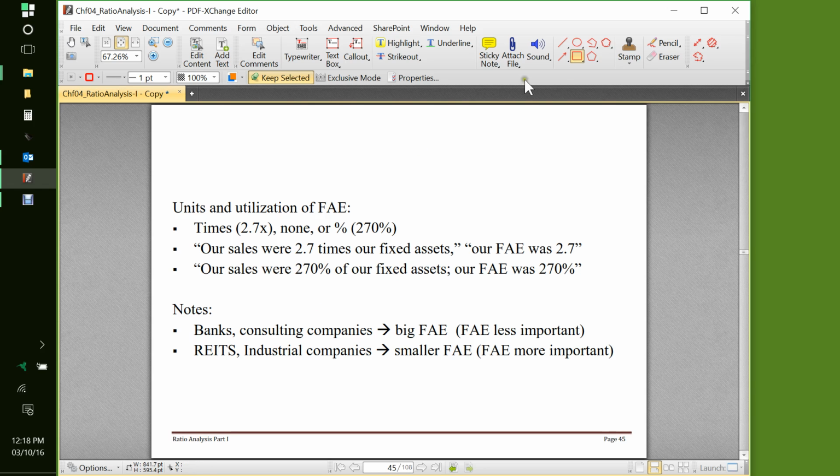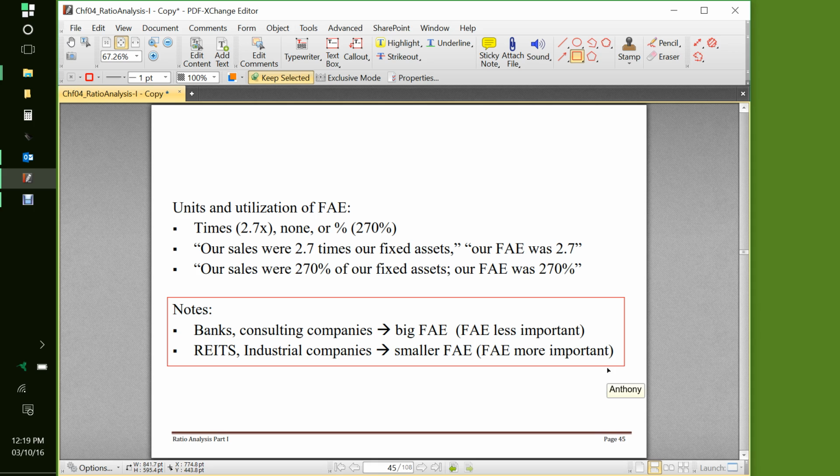The other thing that's important to note here, and I haven't brought this up yet, is there is not one universal set of ratios which is great to use for every company in the world or every industry in the world. And this ratio illustrates that, I think, very nicely.